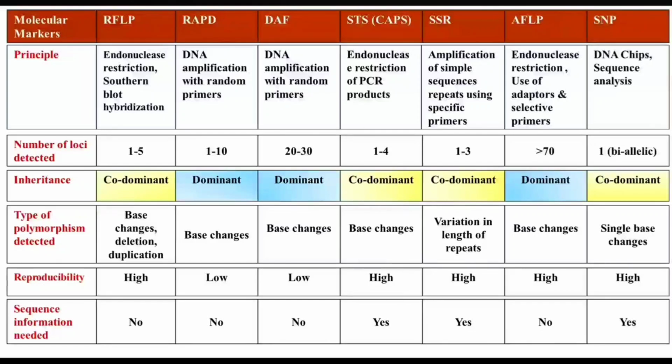In case of the rest of the markers, we do not need any sequence information for designing a primer. So RFLP, RAPD, DAF and AFLP all fall into the same class where sequence information is not needed. But in case of STS, SSR and SNP, sequence information is needed.